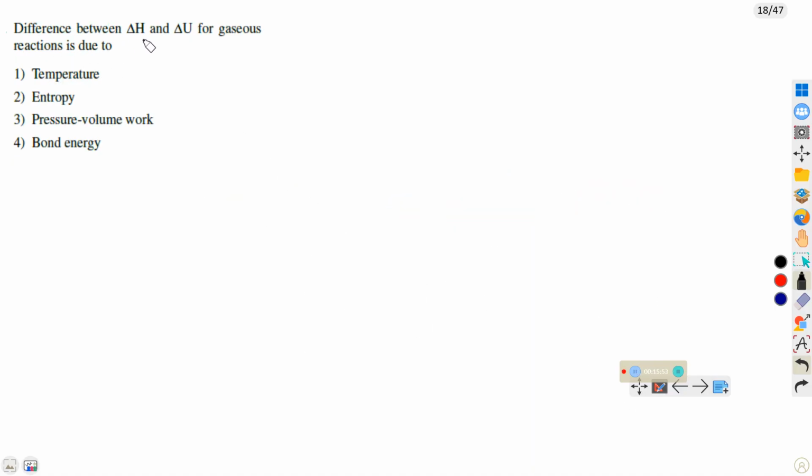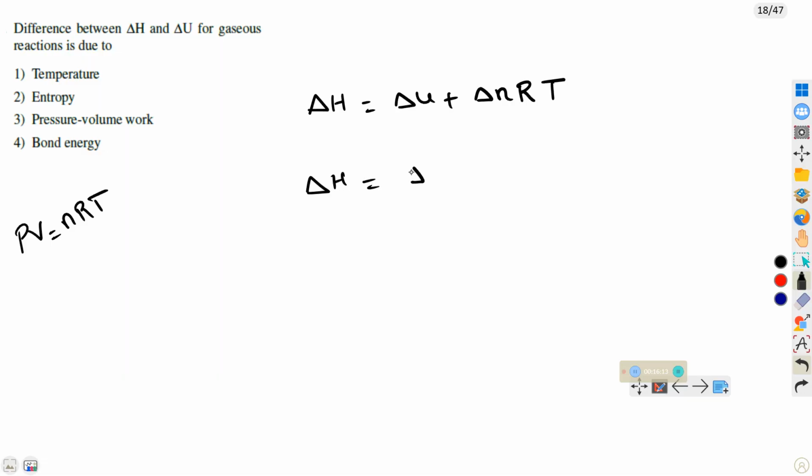Difference between delta H and delta U for gaseous reaction is due to? Generally, delta H is equal to delta U plus delta nRT. If the gas is considered as ideal gas, PV is equal to nRT. So it can also be written as delta H is equal to delta U plus delta PV.